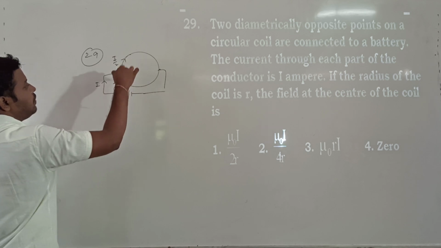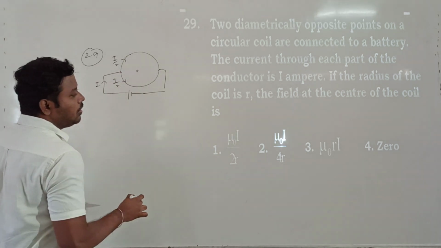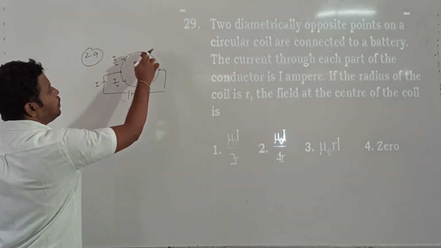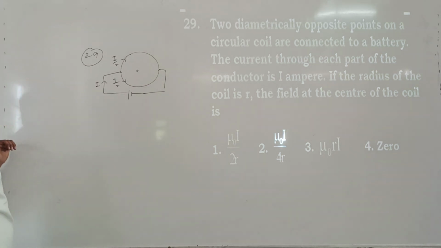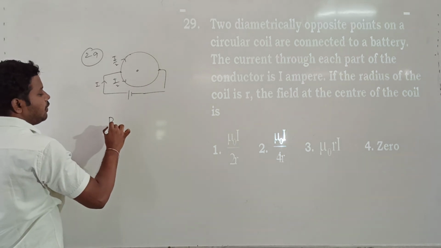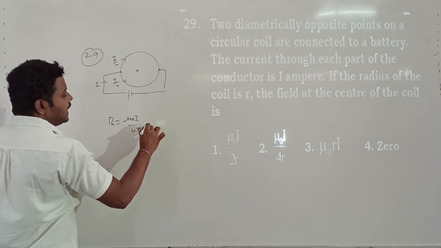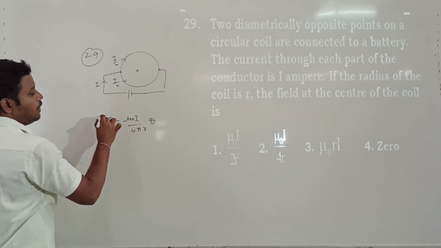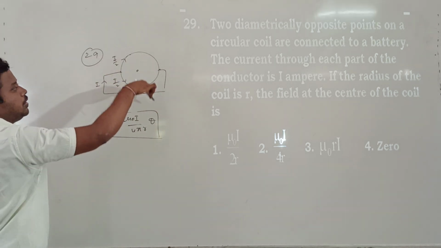What is the magnetic field value? They are asking us to calculate the magnetic field at the center of the coil, because of the resultant of these two parts. In the above part and below part, current is flowing in opposite directions. You can calculate the magnetic field at the center by the formula B is equal to mu naught I divided by 4 pi r into theta, whether it is semicircular or complete circular. But direction is also important now.